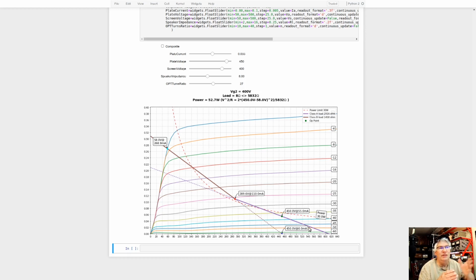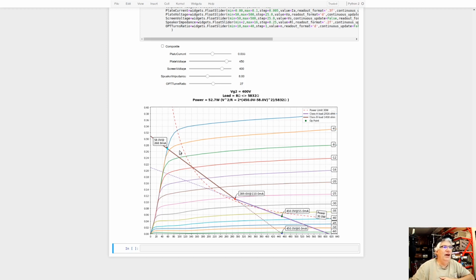So in this case, down in Class AB, which is down here, each individual tube now sees 5800 divided by 2, which is, what is that? I can't even do simple math anymore. That's 2900 ohms.